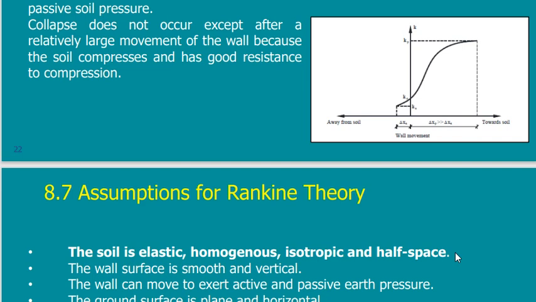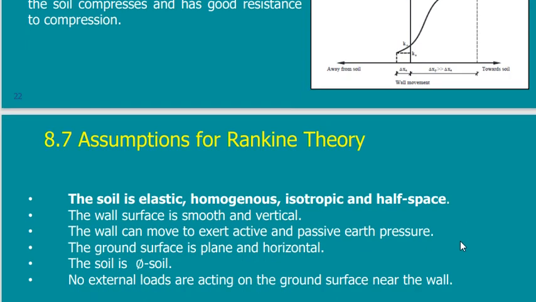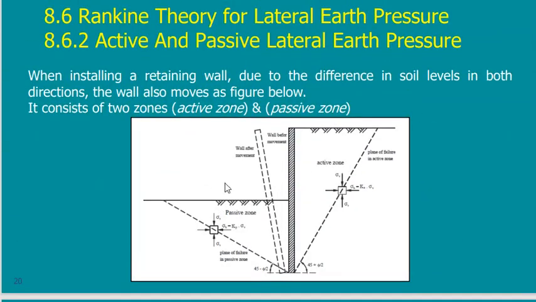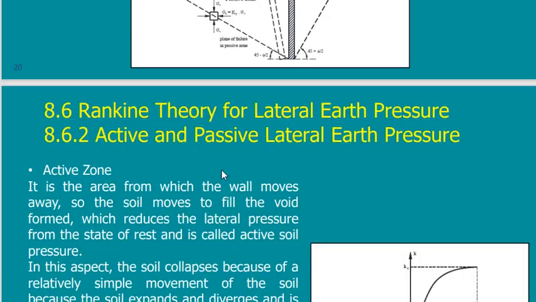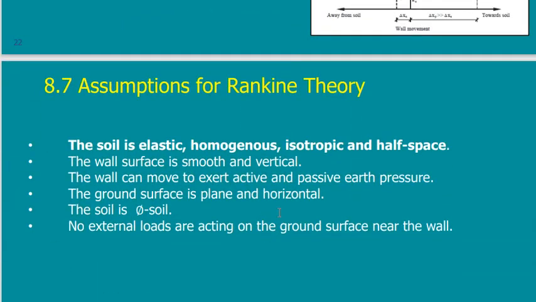So it's not important for us now, but you just know that it is half space, and half space means that I have soil and I have the space above the soil, so they are both present in this problem. If I have a retaining wall, this is half space. Here is soil, here is air, so it is a half space. These are the first assumption.